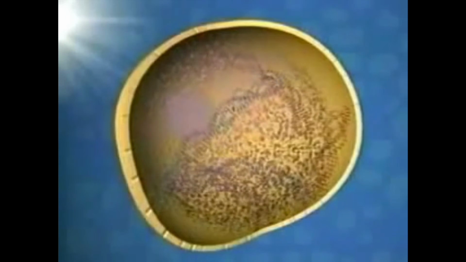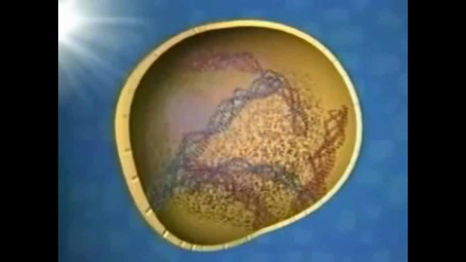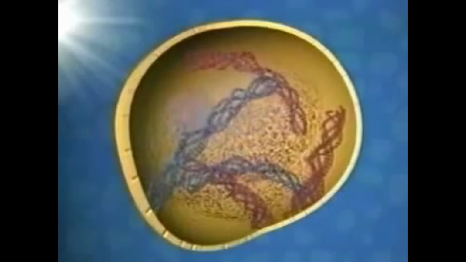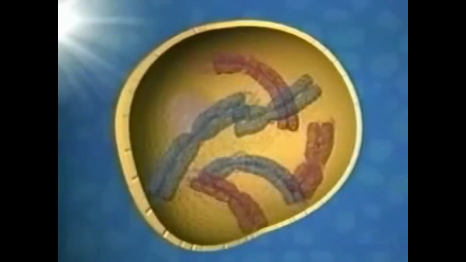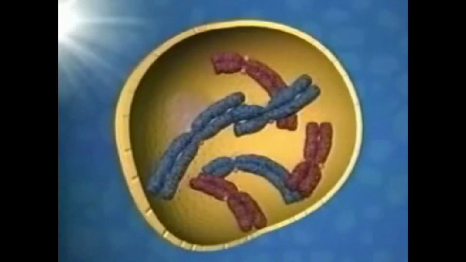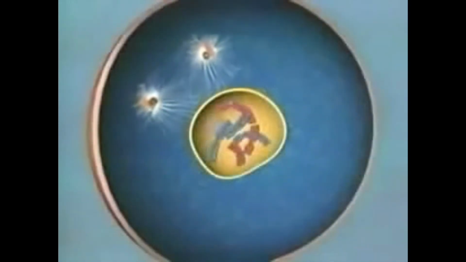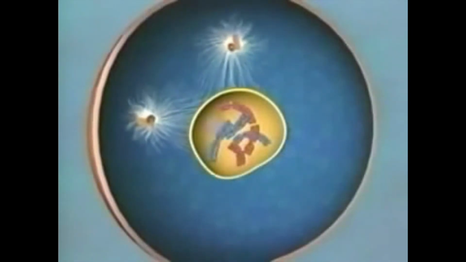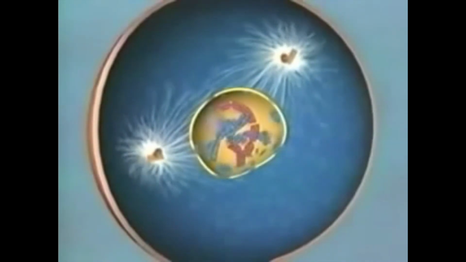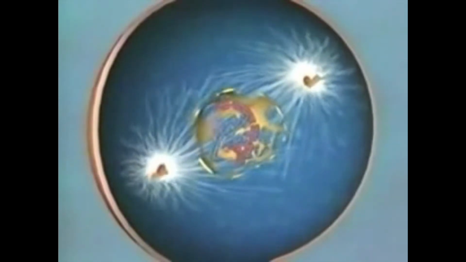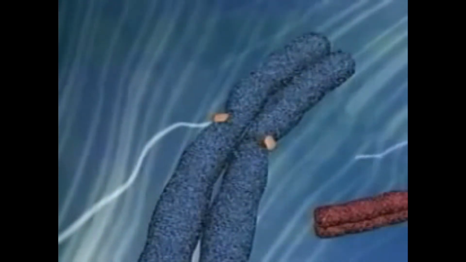Mitosis begins as the long threads of DNA in the nucleus start to coil. Having already replicated, these threads emerge as the double strands we know as chromosomes. Meanwhile, protein fibers grow from the migrating centrioles, forming a latticework of spindles. For reasons scientists don't fully understand, the nuclear membrane suddenly disintegrates. With amazing accuracy, a spindle from each centriole attaches itself to each of the chromosomes.